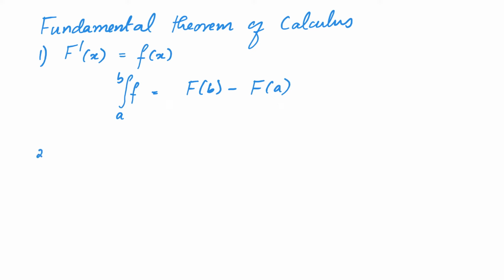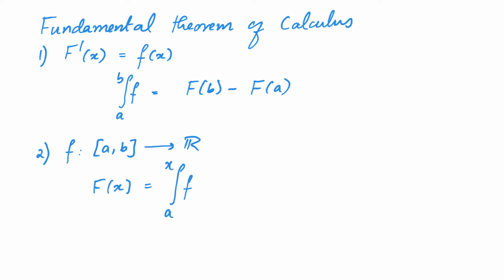And the second form stated that if you have a function f from the closed interval [a, b] to R, you can define a new function capital F, defined as capital F of x is equal to the integral from a to x of f.